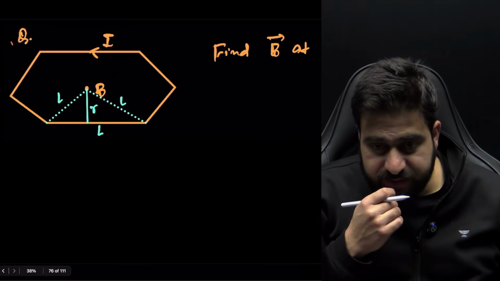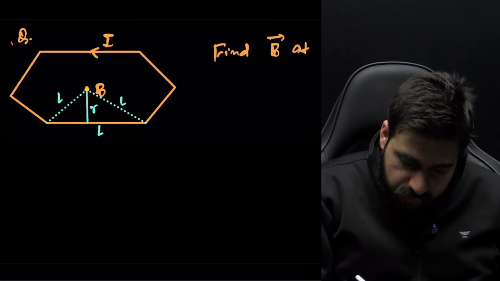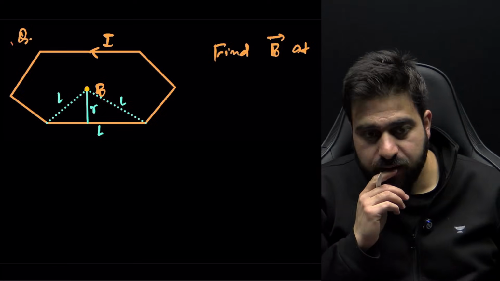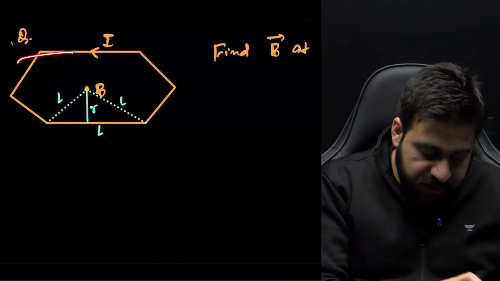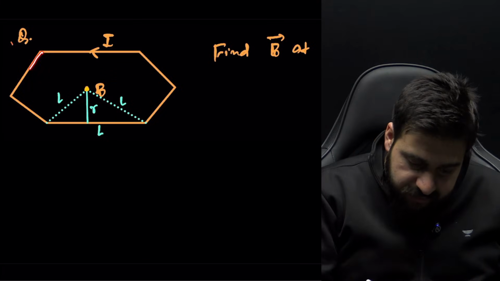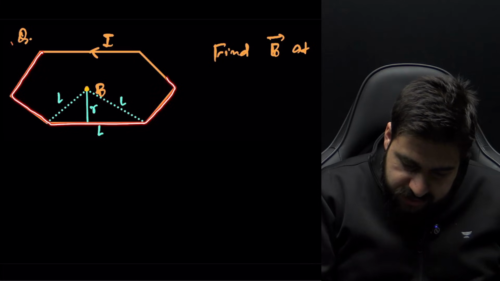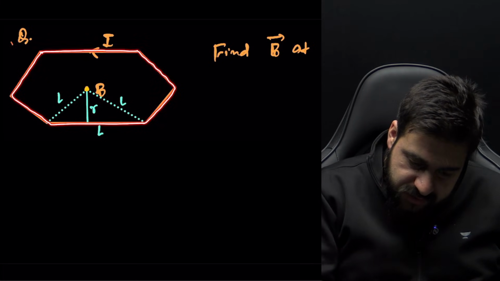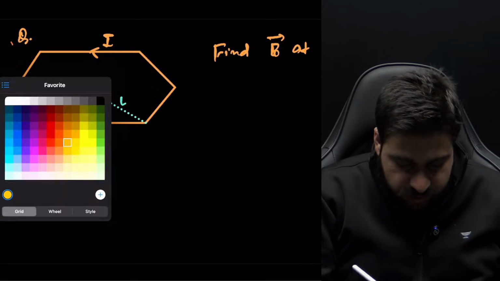Find the magnetic field at the center. You are supposed to tell me what is the magnetic field at the center. This is basically a hexagon. And in this hexagon, how many sides does it have? Six sides. A hexagon has got 6 sides.